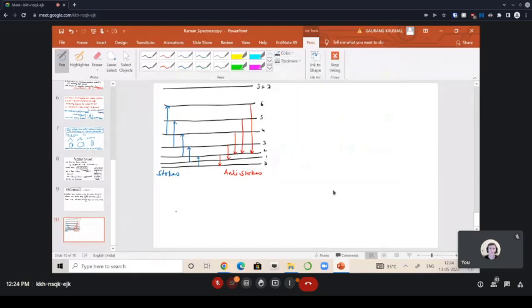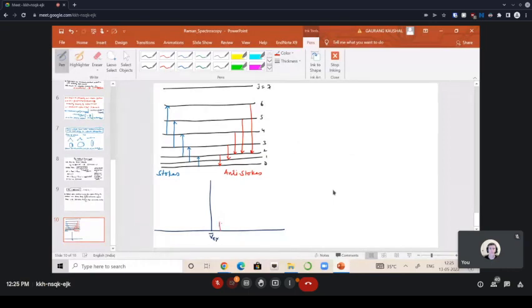When I draw the spectra here, at the center we will have the exciting line, which corresponds to the wave number of excitation.